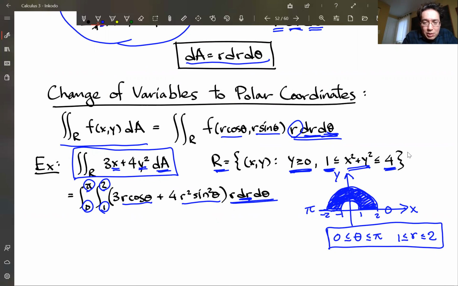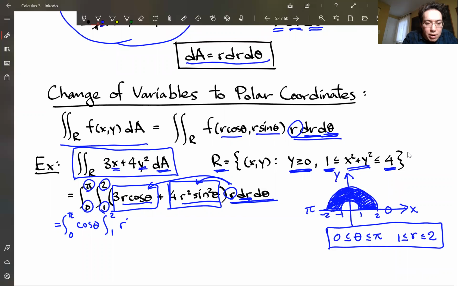So I guess we can integrate this. I think it's a little easier if you break this up into two integrals, so do this one and this one separately. In the first integral, we have cosine theta, but cosine theta doesn't depend on r, so I'm going to pull that outside of the inner integral. The inner integral is going to go from 1 to 2. What's left is 3r, but I have to multiply by r, so I distribute the r to both of these terms.